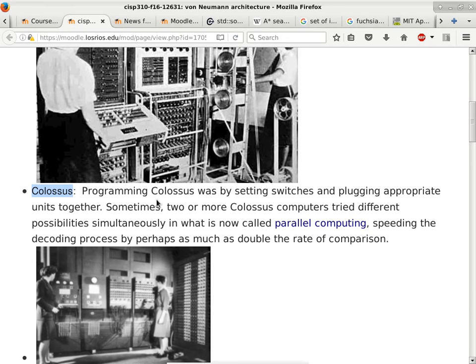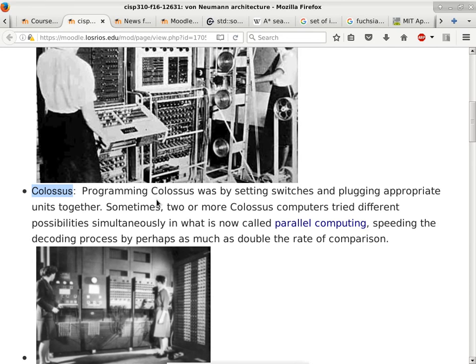And if you read this paragraph, it says the Colossus was reprogrammable by setting switches and plugging appropriate units together. So sometimes it would involve rewiring, okay? Other times it's just a regular switch, okay? And sometimes two or more Colossus computers try different possibilities simultaneously, and that is now called parallel computers, but they actually had parallel computers doing stuff at the same time.